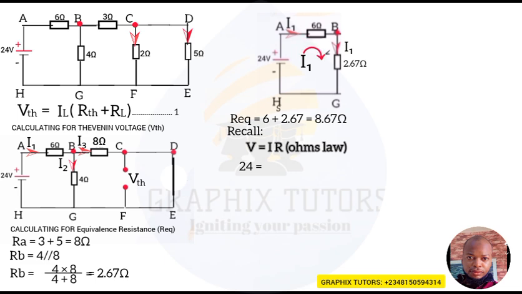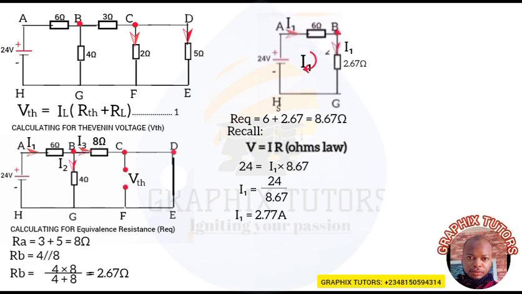The I you see here is our I total, which is saying I1. And the R you see here is our R equivalent, which is what? 8.67. Are we there? Now, if you make your I1 the subject of the formula, we say that I1 is equal to 24 over 8.67. So my I1 will now give me what? 2.77 ampere. And which is saying my I total.